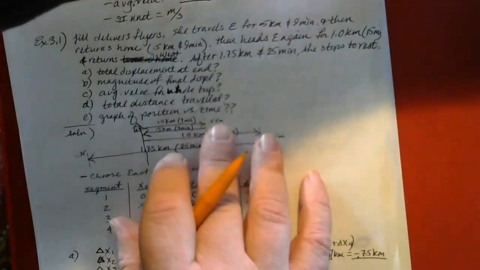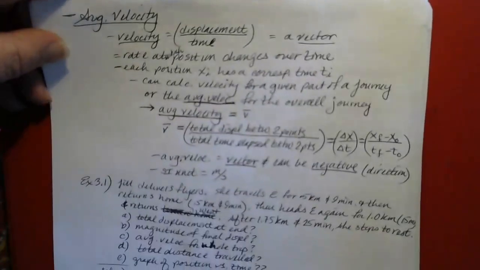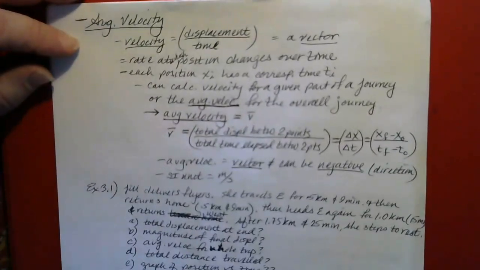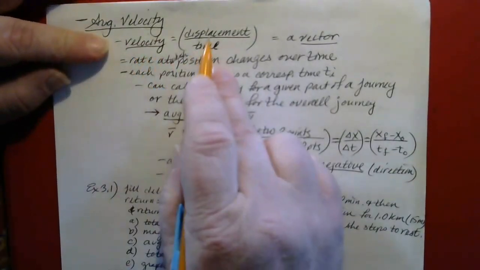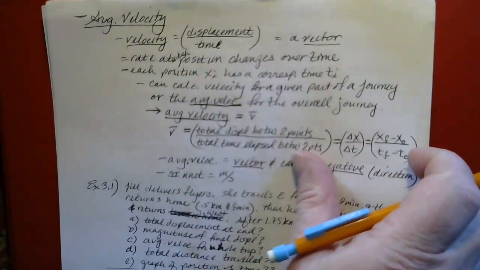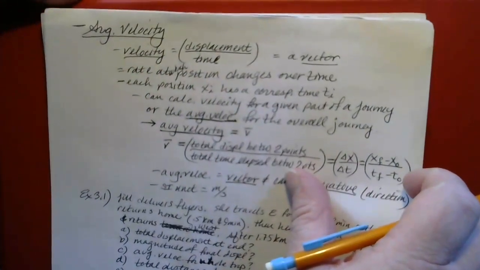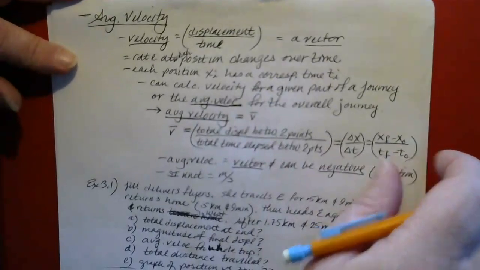All right. Moving on, we can talk about average velocity. Velocity is just the displacement divided by the time period over which the displacement occurs.